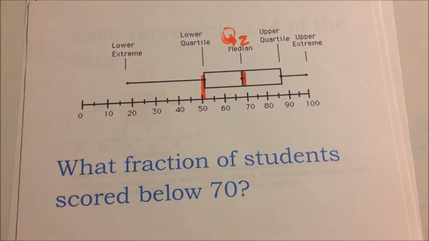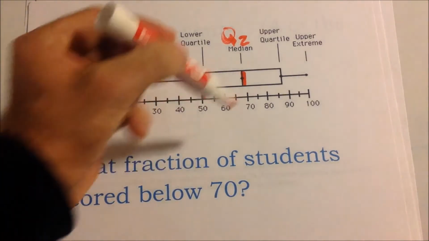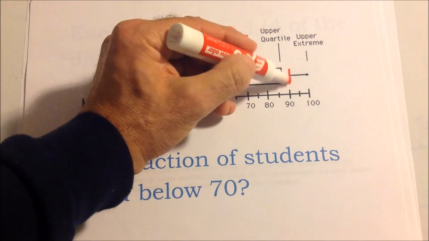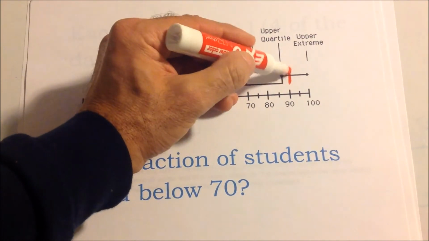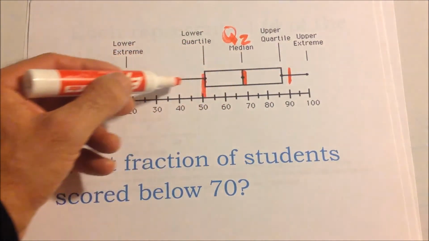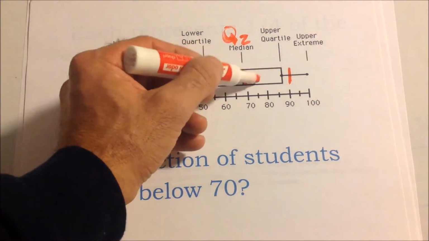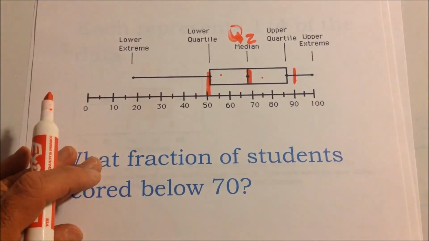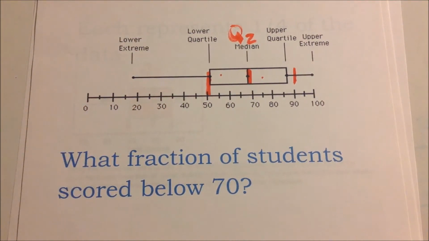How many students scored below 90, roughly? Here's 90. Seems to be inside the percentages. Roughly, you can say over 75% scored below 90. 25, 25, and 25. So that's how you look at box and whiskers.